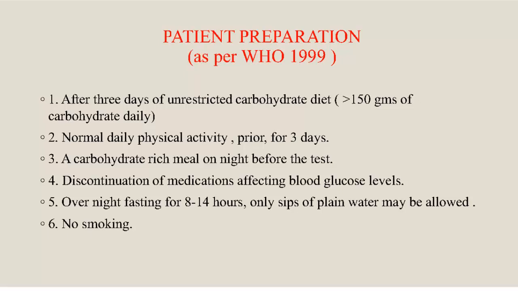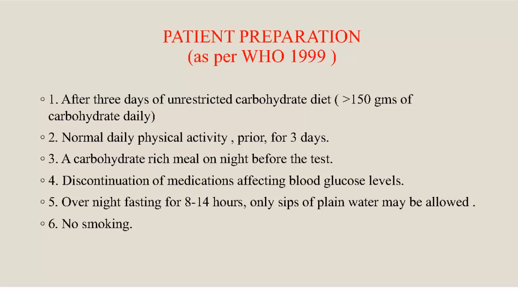Now, number 2 point is normal daily physical activity for the prior 3 days. Number 3 point, carbohydrate rich meal on the night before the test. Number 4, discontinuation of medication affecting the blood glucose levels. There are some medications which can raise the blood glucose level, like glucocorticoids or steroids, or thiazide antihypertensives.